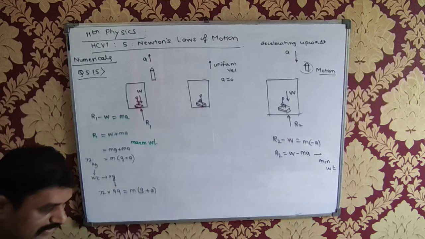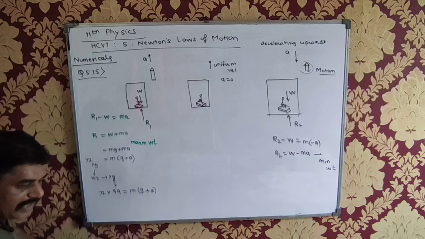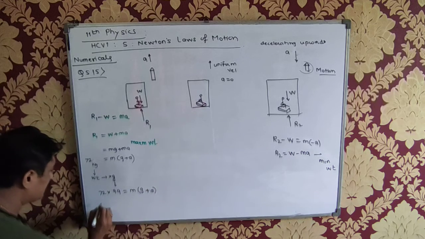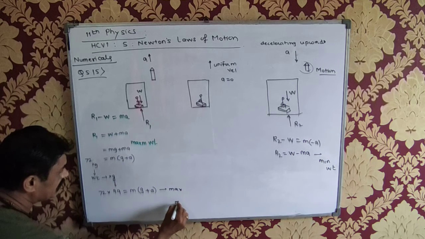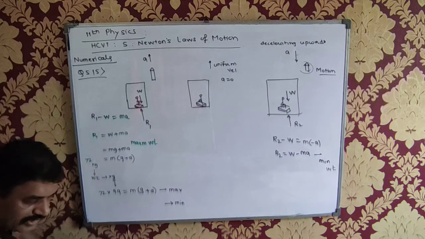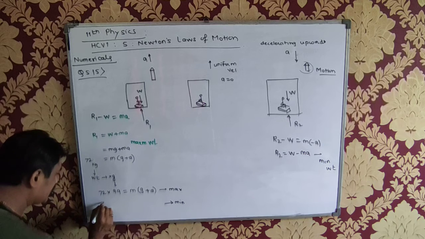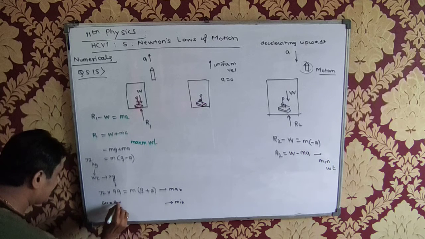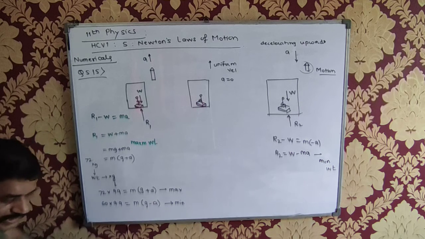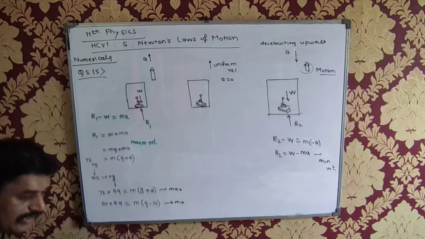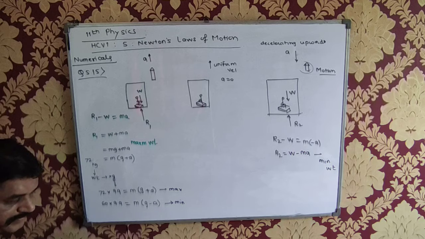And similarly, for the minimum, if I substitute, they are saying the minimum weight is found out to be 60 kg. So 60 into 9.9 is equal to m into g minus a. I hope you understand that. Well, I can add them.